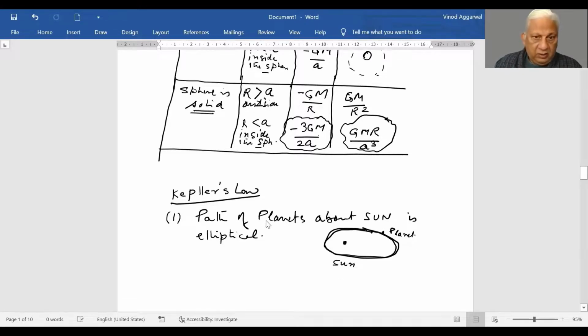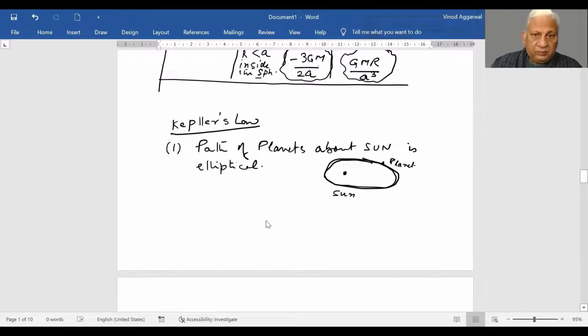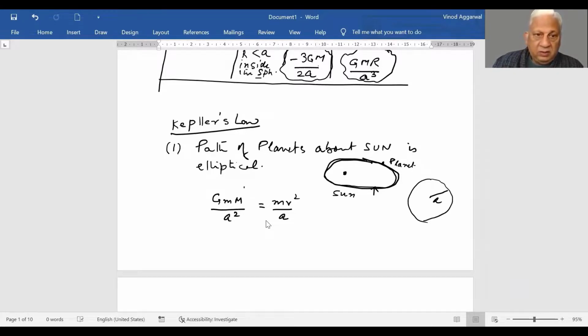Okay. Now, had this path been circular, what would have happened? Suppose this was circular, suppose this was A, then this is the force of gravitational pull and this is the centrifugal force.